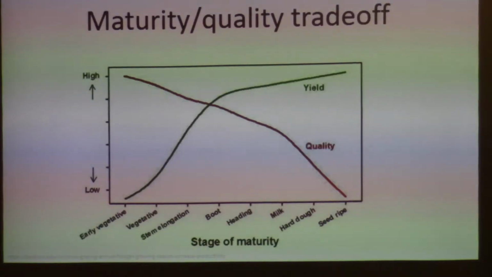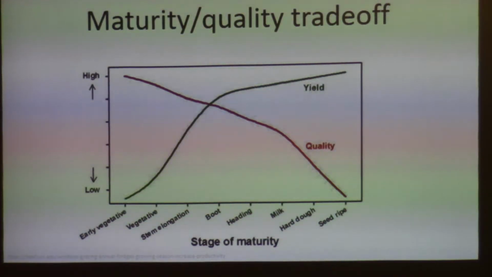And in general, we know that there tends to be a trade-off between dry matter production and nutritional quality, such that as dry matter or yield increases, nutritional quality tends to decline, right? So that's a kind of a fundamental trade-off, and that's related to the maturity of the forage.